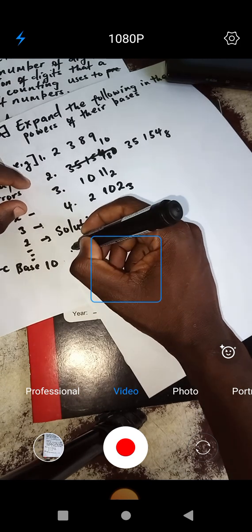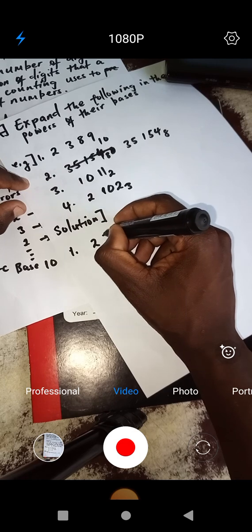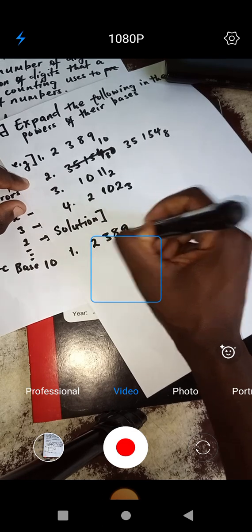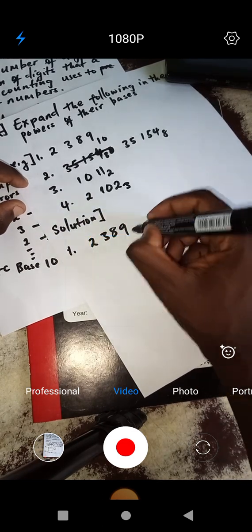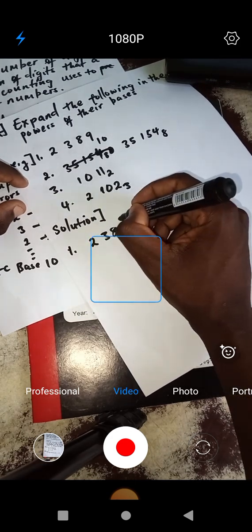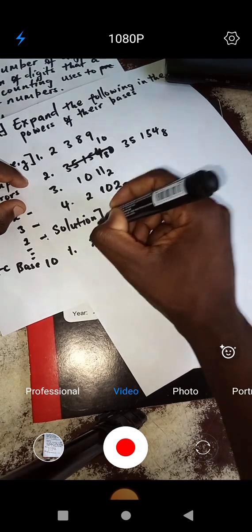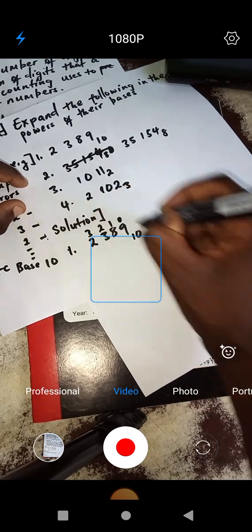We are going to say 2389 base 10. Right. For this, we say 0, 1, 2, 3.